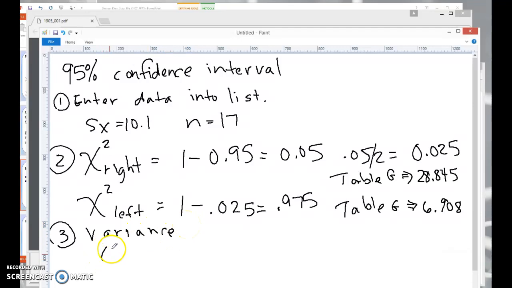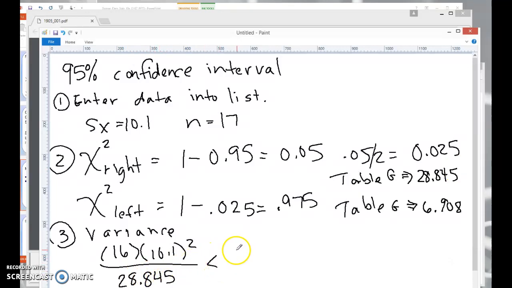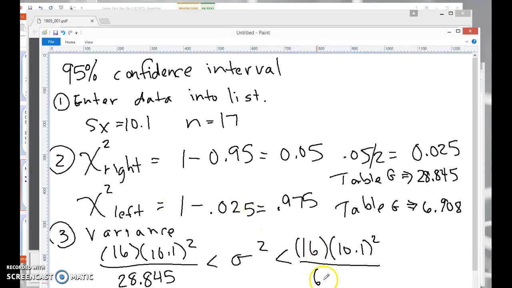Getting that calculated variance. We're going to take 16, our degrees of freedom, times our sample standard deviation, 10.1, square that, divided by our right value, 28.845, and that's going to be our lower bound, and then the upper is going to be divided by our left, 6.908.